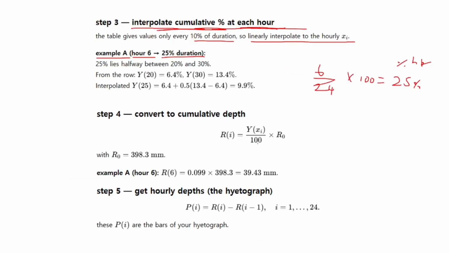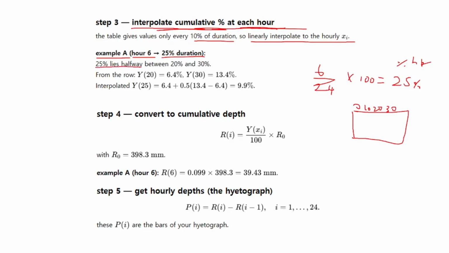Okay, so we have 6 hours is 25%, but in our table we only have 0, 10, 20, and then 30. So we have to interpolate.